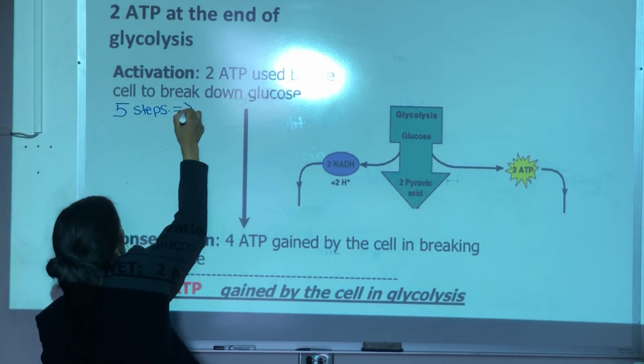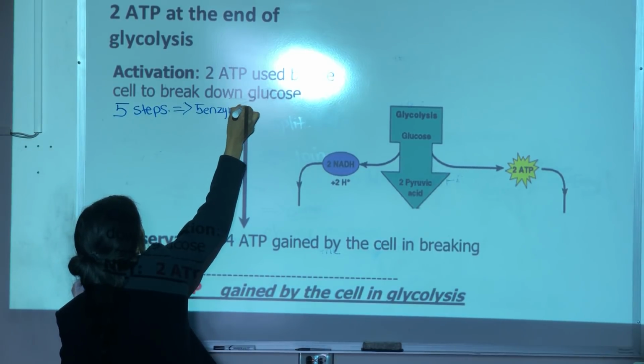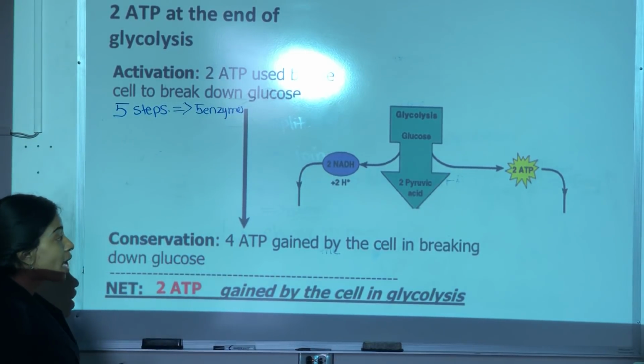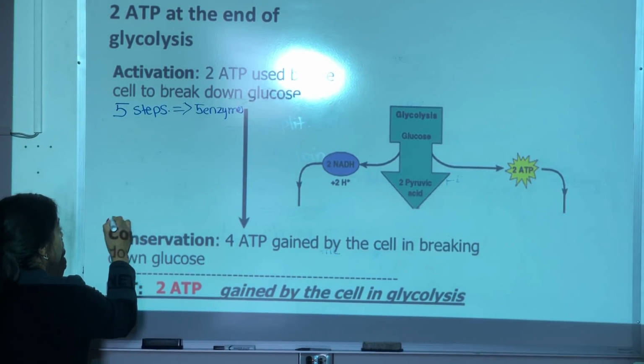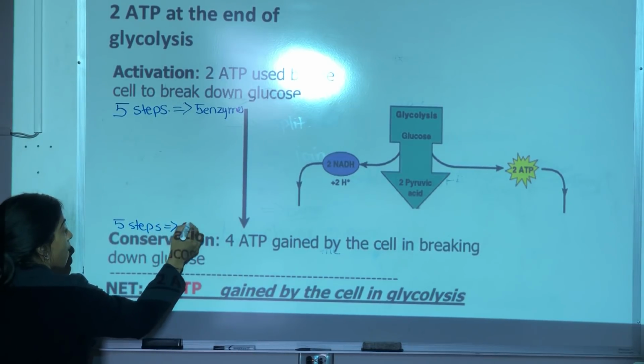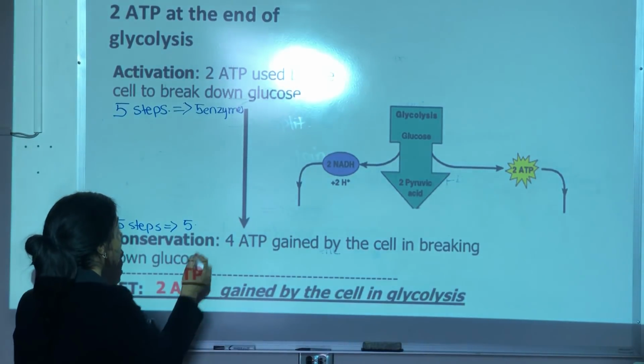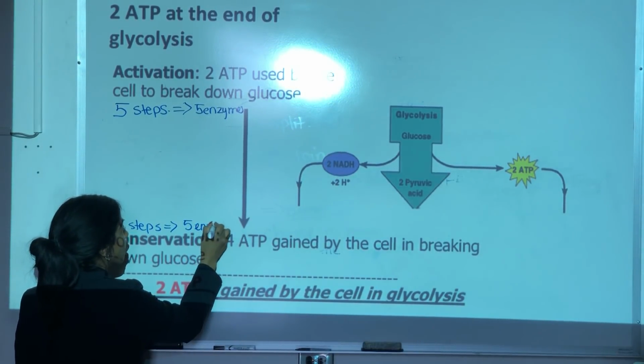So it will be 5 enzymes. Okay? And then the conservation stage, which happens later, is also 5 steps. So this is our total of 10 steps. All right, so altogether 10 enzymes, but 5 in the activation and 5 in your conservation stage.